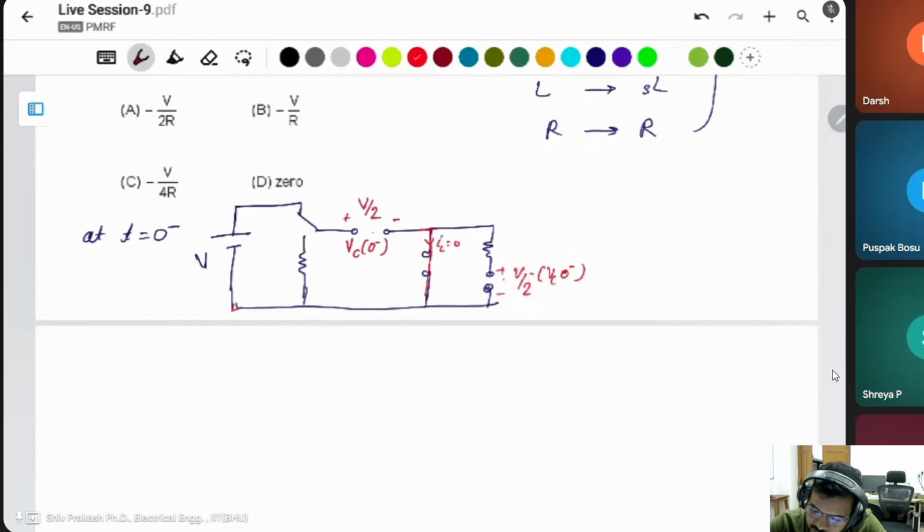If this is a short circuit, that means there is no meaning of this part. No current is passing through it. That's why this circuit has no meaning. Then the whole voltage is applied on this capacitor only. This capacitor voltage will be 0.